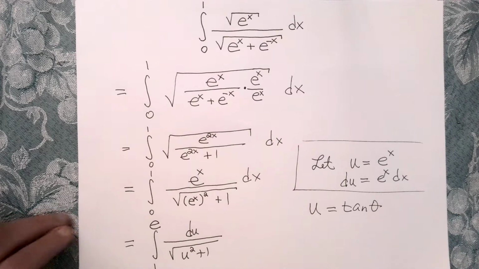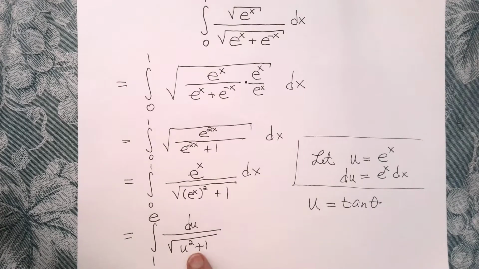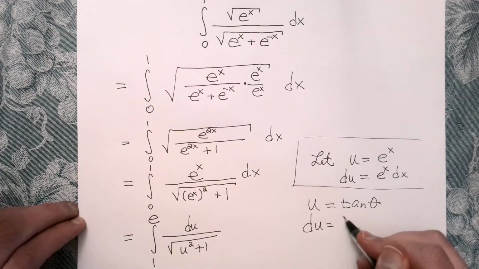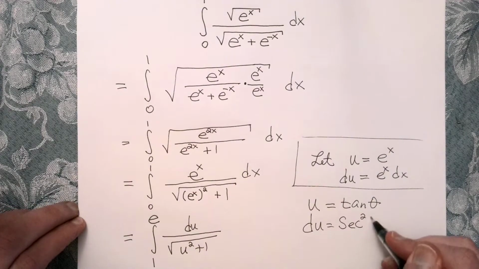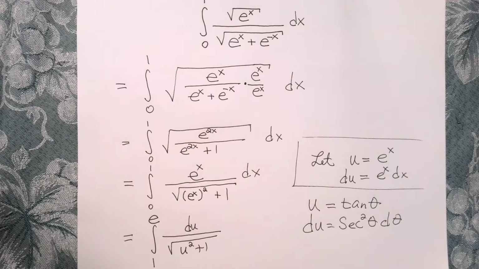So I'm switching variables again, and I'm hoping that the trig substitution introduces a Pythagorean identity that'll collapse down the radical. That's ultimately the goal here. And so du is secant squared of theta d theta. And of course, we're going to need corresponding new bounds.